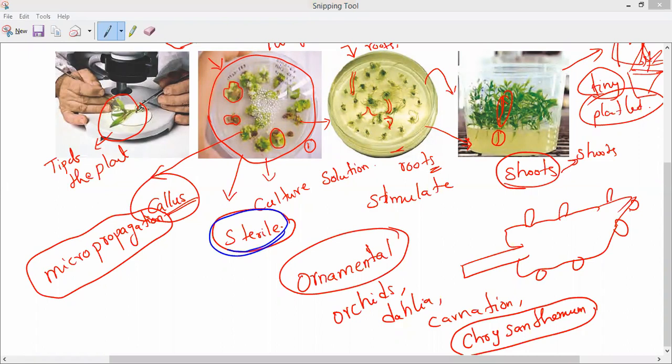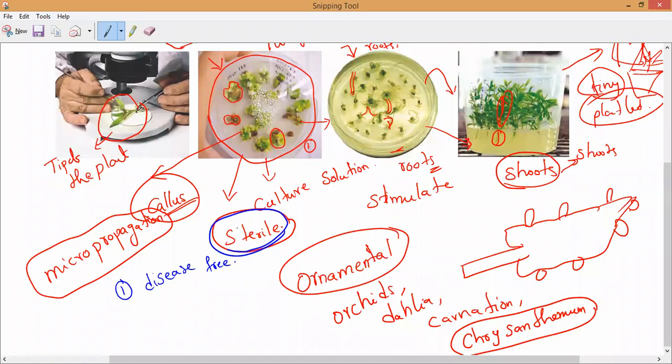So what will happen here? We can cultivate disease-free plants. That is the most important thing you have to remember. Do you understand, everybody? What I'm saying?